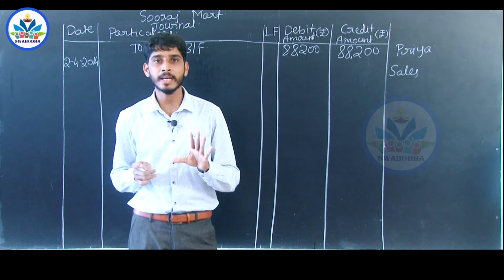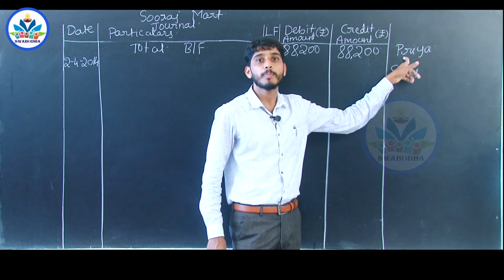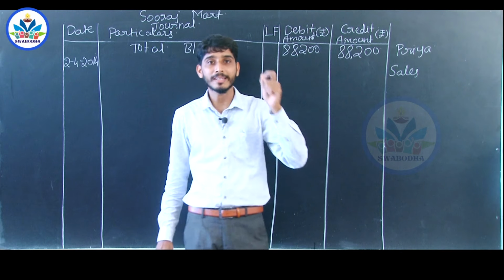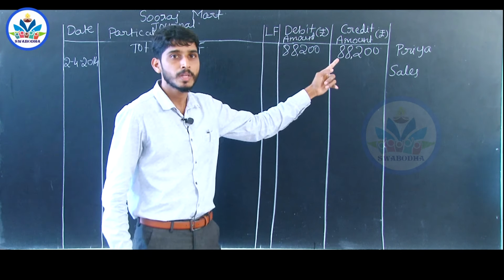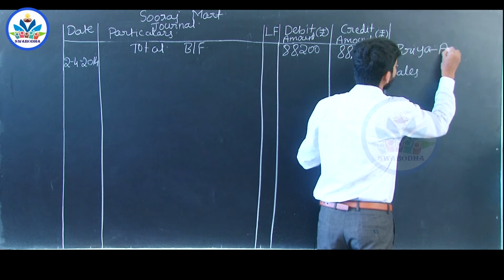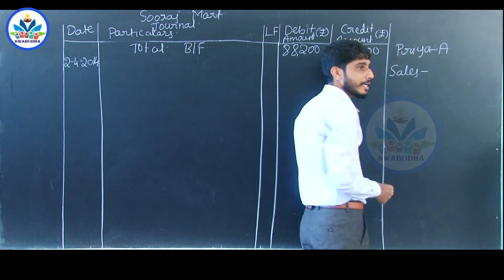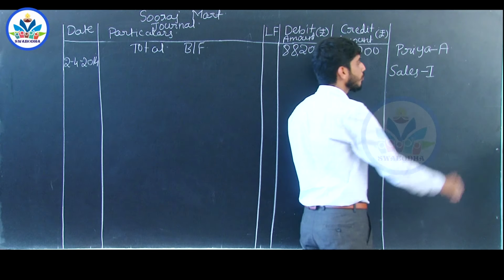That means the goods have been sold to Priya on credit basis. Now, Priya becomes a debtor for the business. We have the right to receive money in the near future from Priya. Therefore, Priya becomes a debtor. Debtor is nothing but an asset for the business. Sales means it is an income or a revenue for the business.